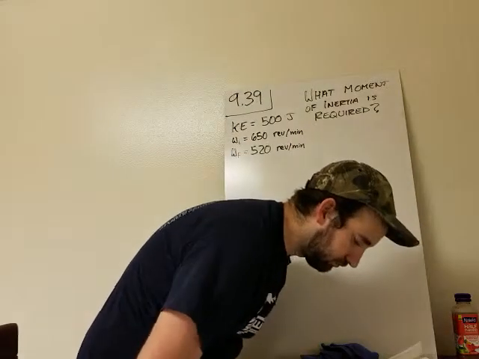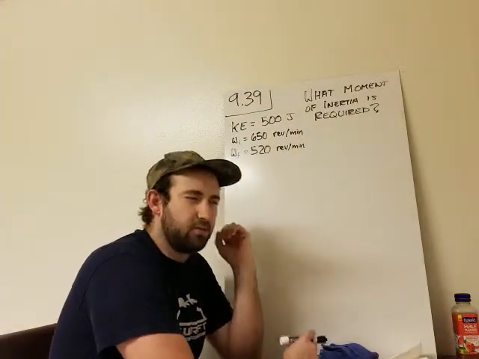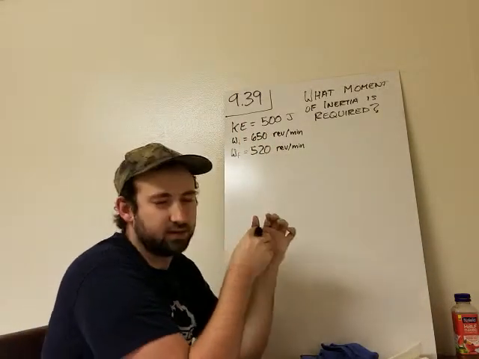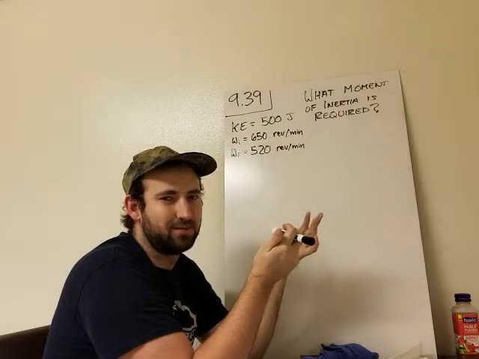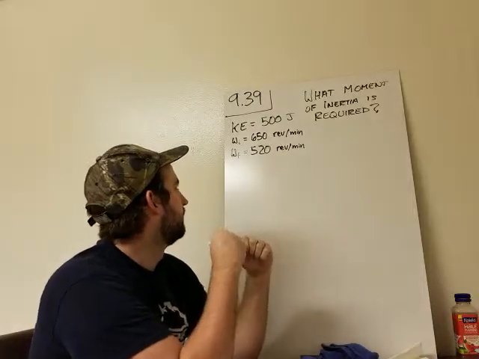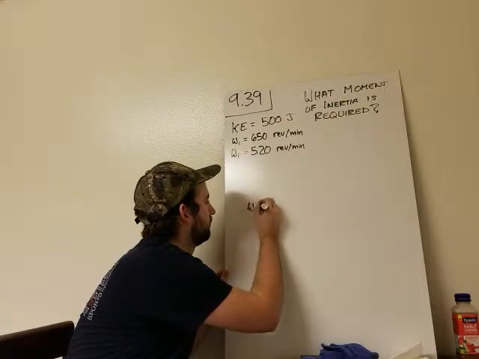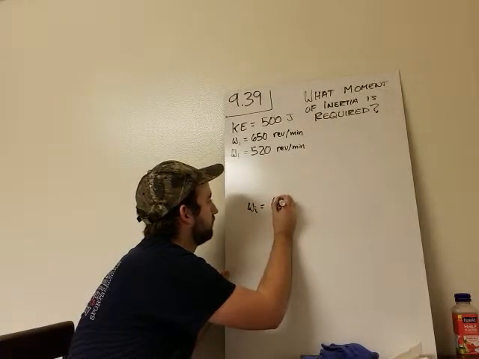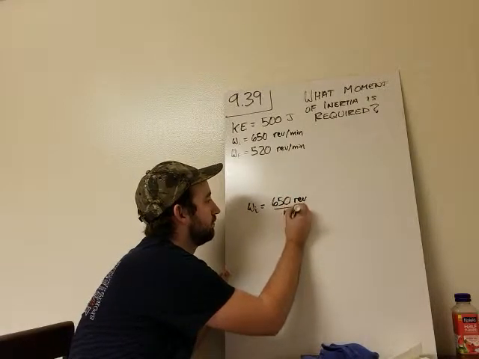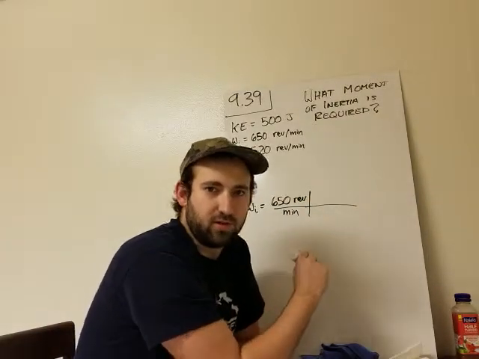So the first thing I want to do for this problem is convert these angular velocities to radians per second, because revolutions per minute don't do anything for us really. So we'll start with the initial, which is 650. It's just simple dimensional analysis here.